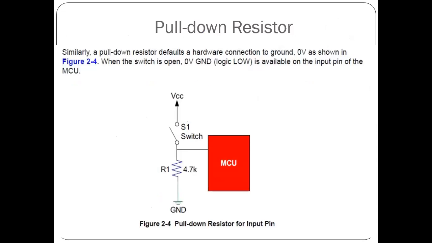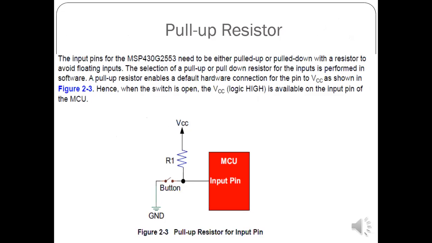And to deal with the input mode or input register, we particularly need a concept called the pull up and pull down resistor concept. So in these 2 slides, we will let you know why these pull up and pull down resistors are useful. If you observe this diagram, the red colored box indicates the microcontroller unit in which the input is connected through VCC through R1 to ground through the button.